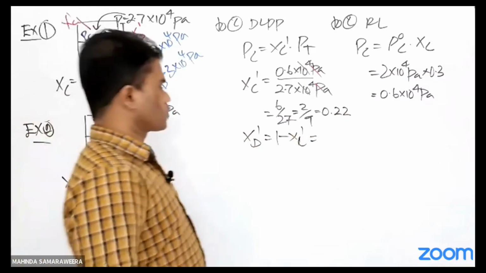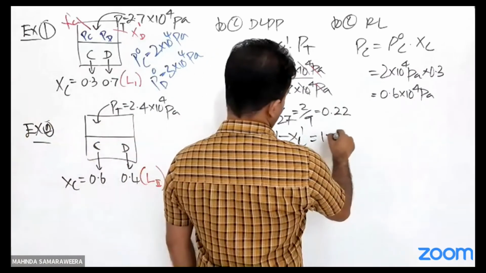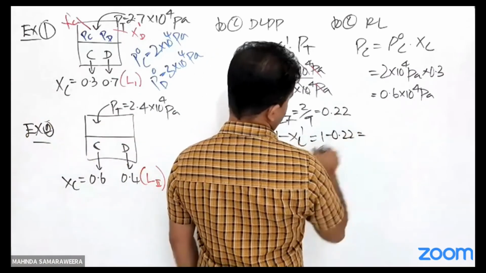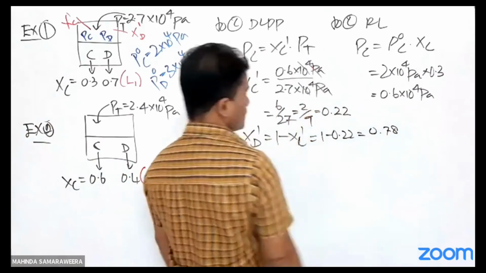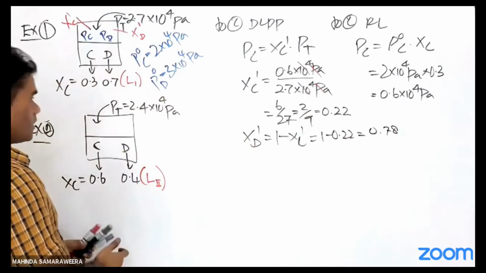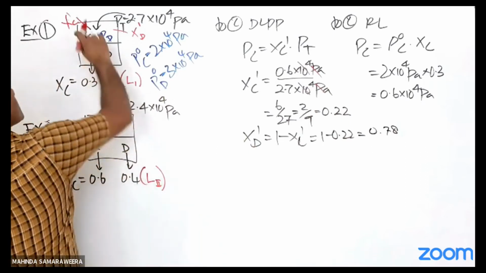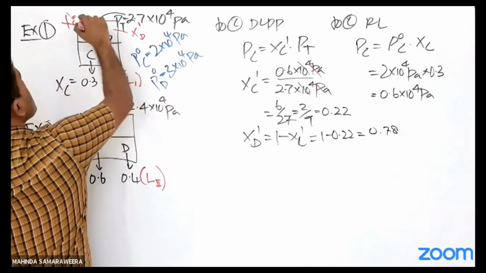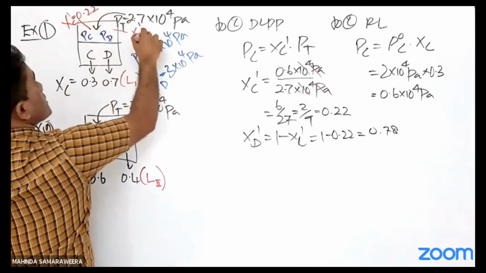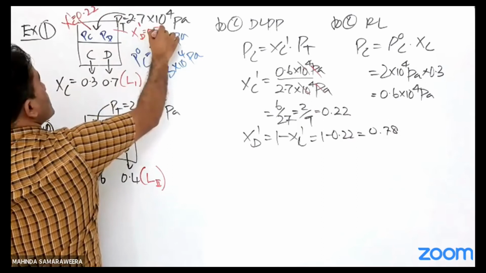Addition is always 1. In 1 minus 0.22, it's 0.78. So the composition of C in the vapor phase in the first experiment is 0.22. This is now 0.78.